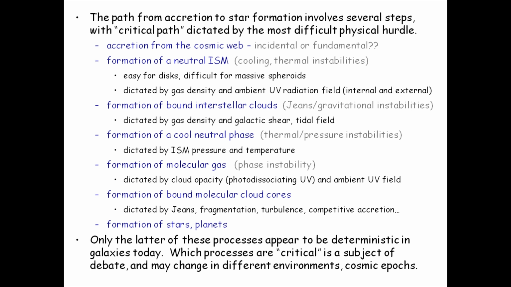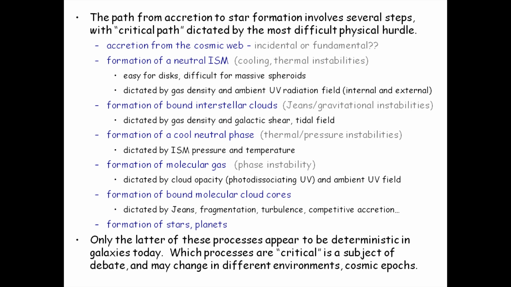Once that gas accretes, it has to settle into the disk and obviously recombine into a neutral phase. Easy for disks, difficult in spheroids today. Once you have a neutral disk, eventually several things need to happen, and here's where the theory becomes vague.